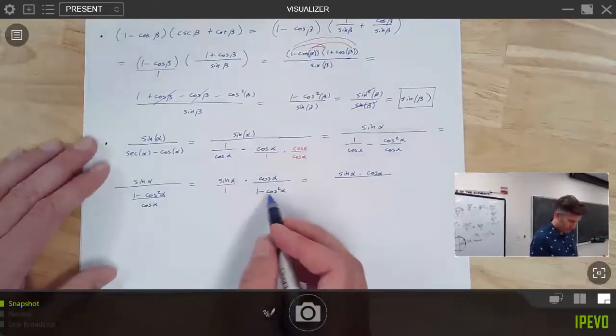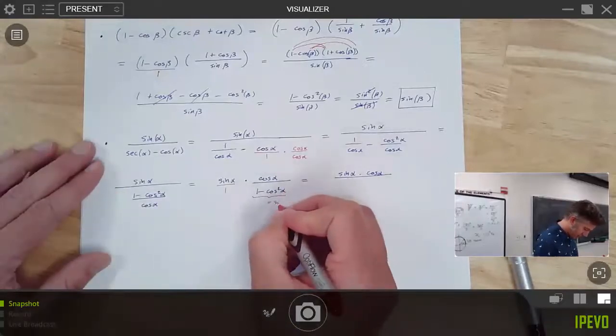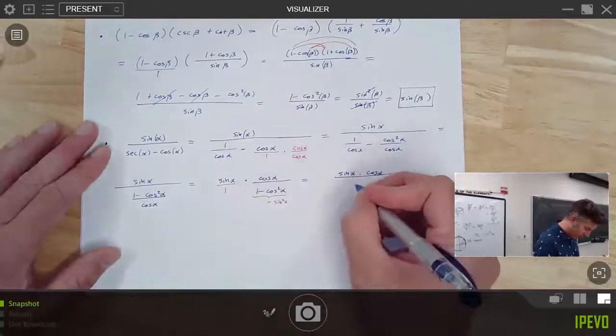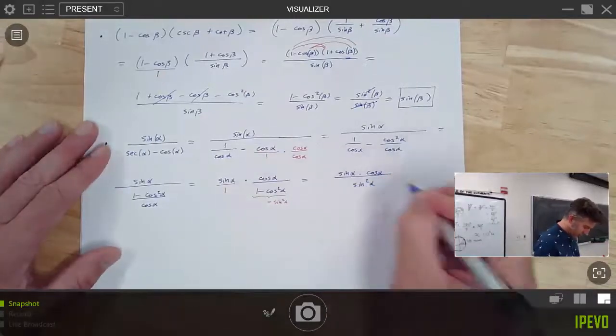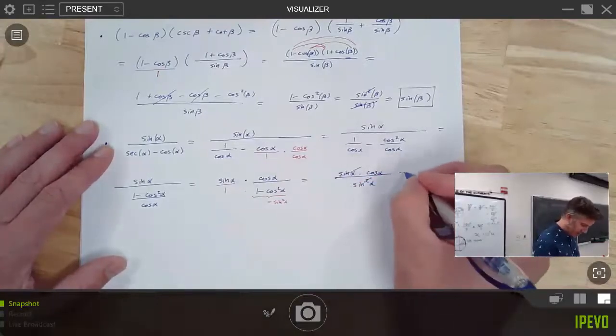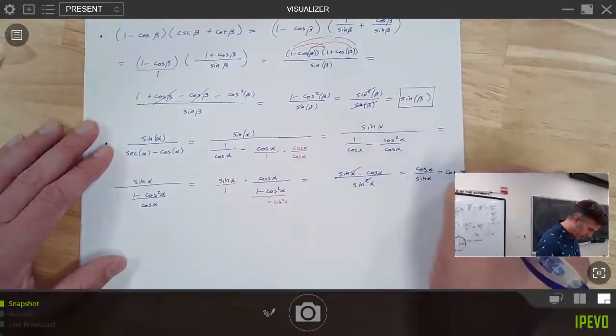So I just have 1 minus cosine squared, but 1 minus cosine squared is equal to sine squared of alpha. So I really have sine of alpha times cosine alpha over sine squared of alpha. And again, I can cancel a sine of alpha and a sine of alpha. I'm left with cosine of alpha over sine of alpha, which is cotangent of alpha.